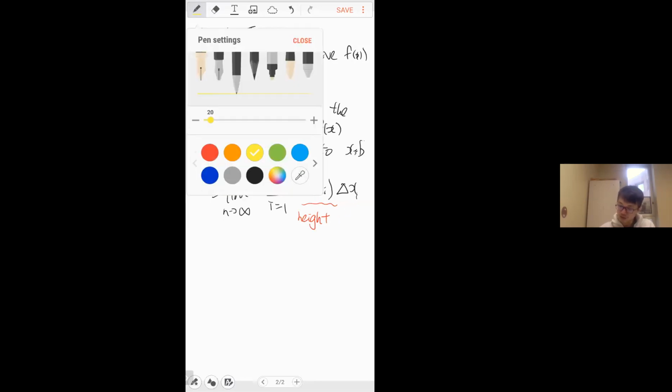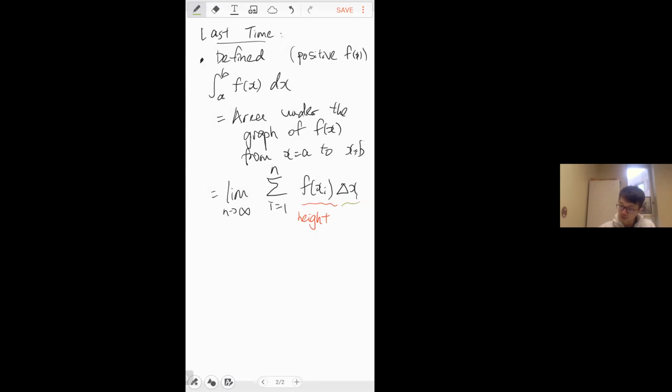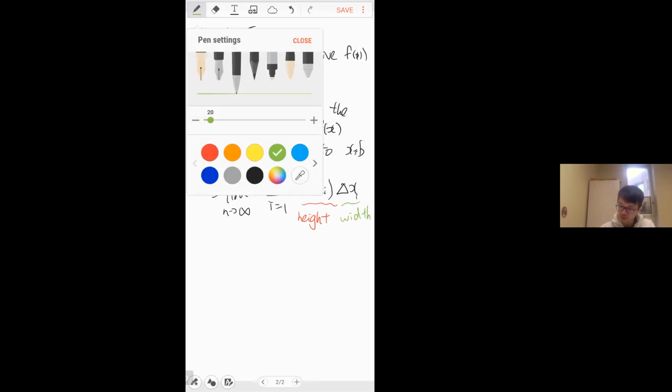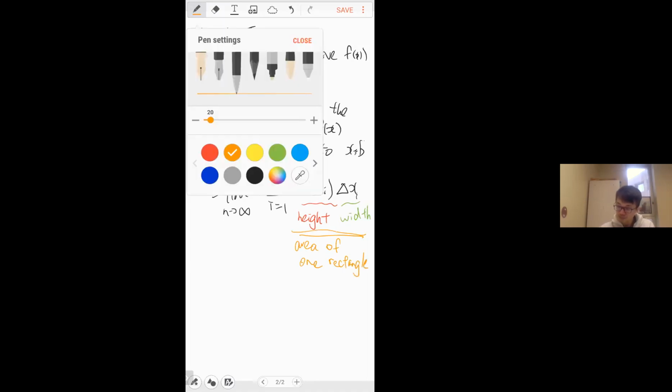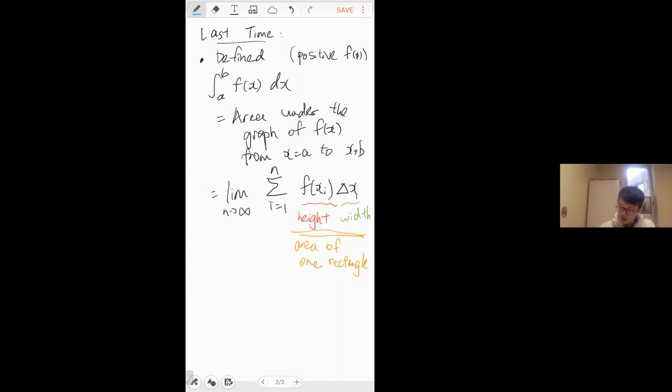Let's do green. This is the width of the rectangle. So when you multiply the height by the width, this is the area of one rectangle. And when you take the summation, the sigma notation, you're summing up all the areas.